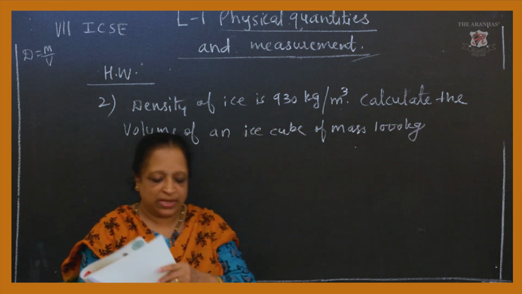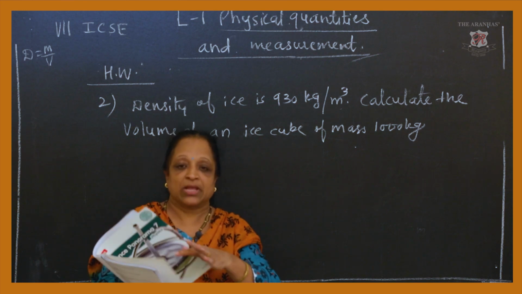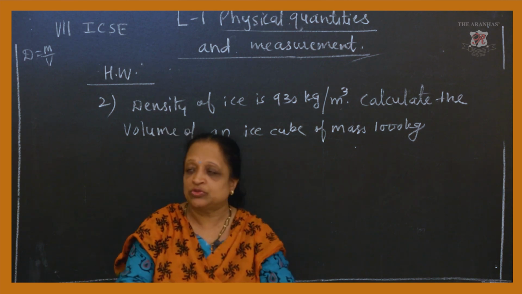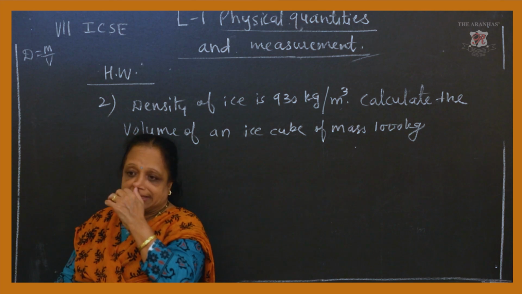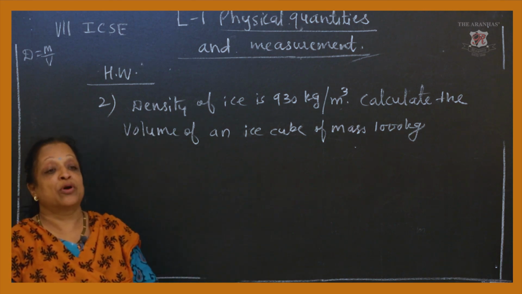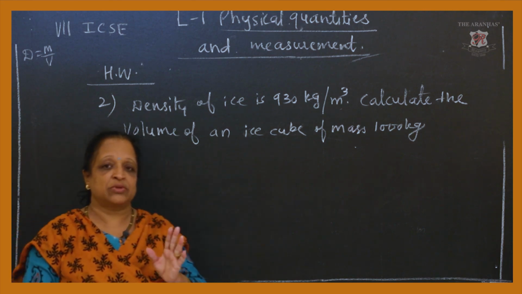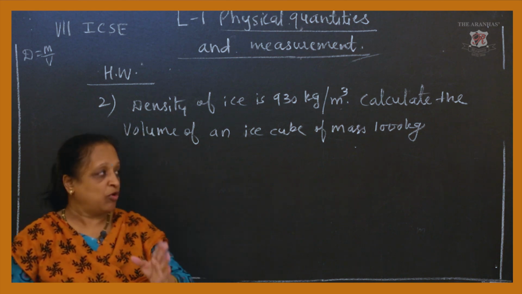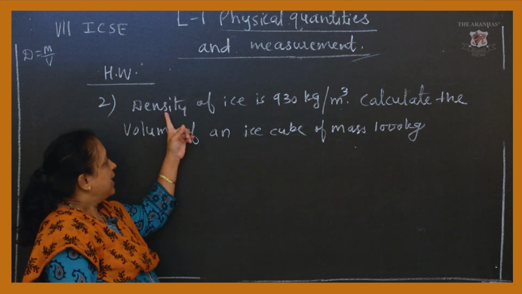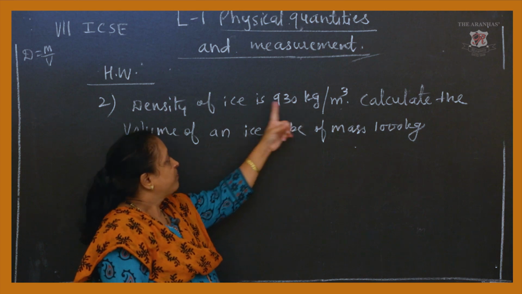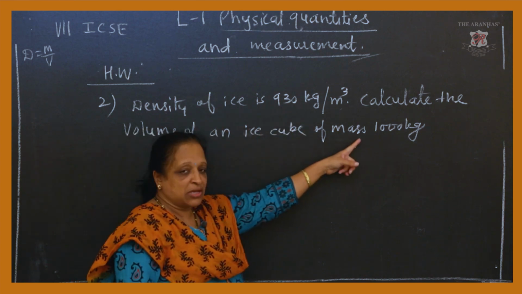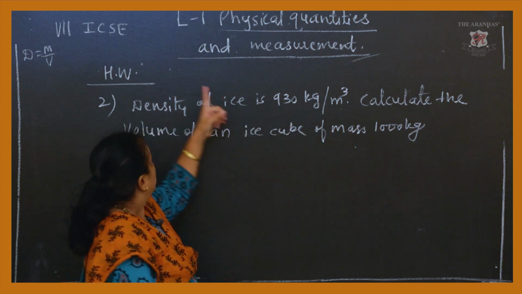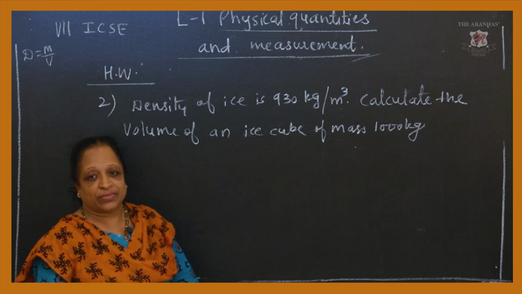Now when you are solving this type of sum, of course you are going to use the formula density is equal to mass upon volume. Taking into consideration the density as well as the mass of a substance, you are going to calculate the volume, right?